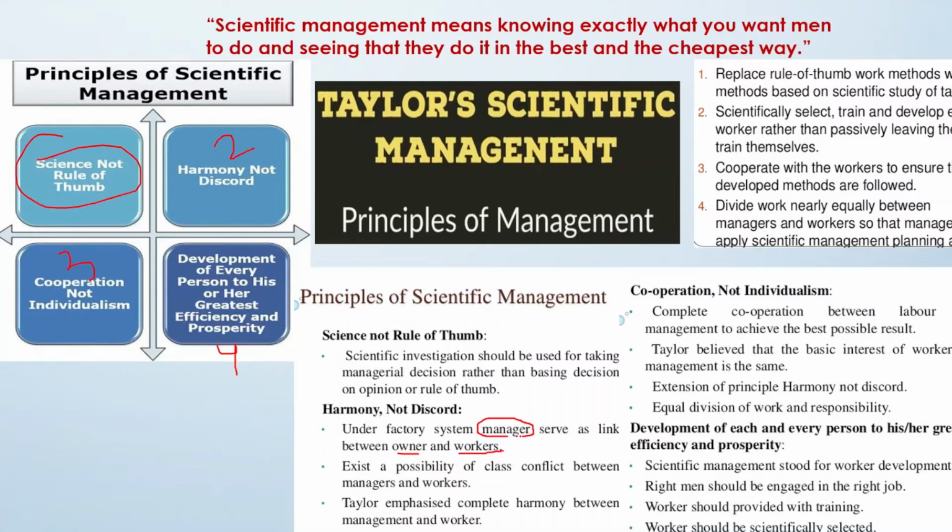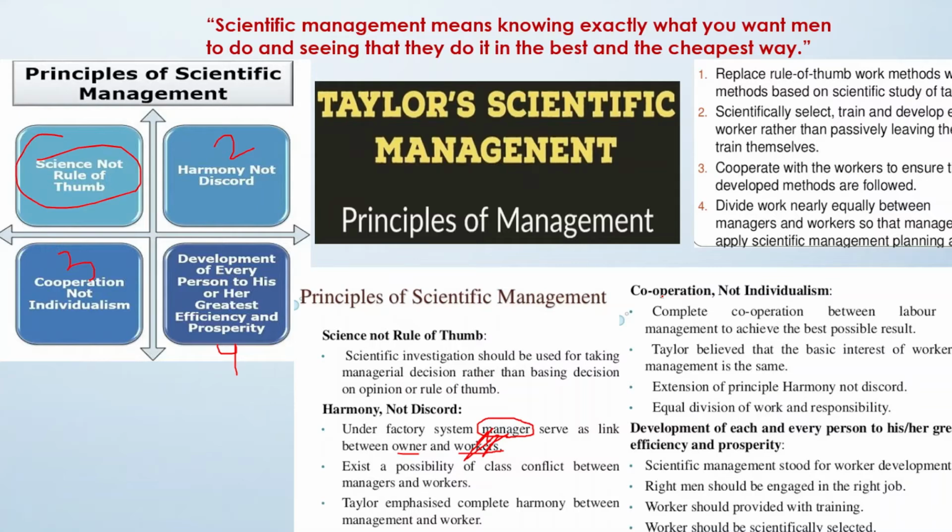Then the third principle says cooperation, not individualism. There is no chance, no option, no place for individualism. Complete cooperation between labor and management to achieve the best possible result.